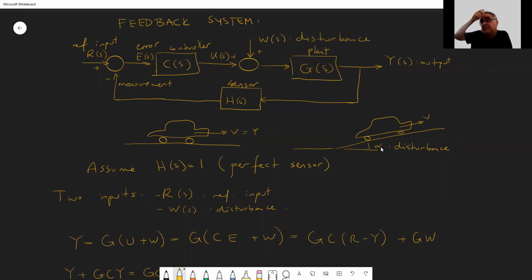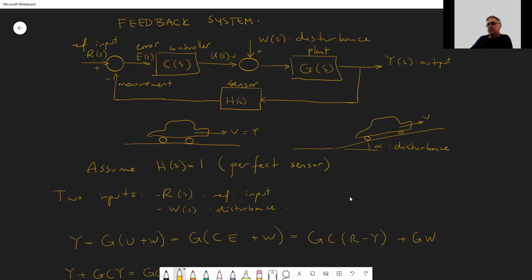How do you do that? When there is a slope, you press the gas pedal more. Of course, if you are a driver yourself, you would press the gas pedal more. If there's an automatic speed controller, it opens the throttle a little bit, lets more gas into the engine, which increases the power of the engine, so that the speed of the car remains constant despite the disturbance.